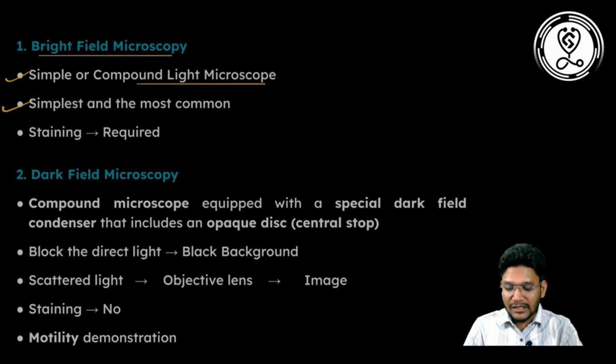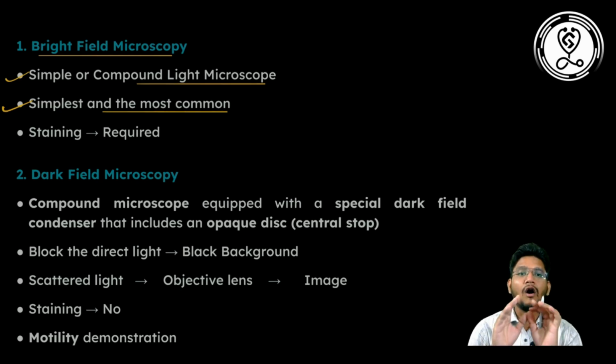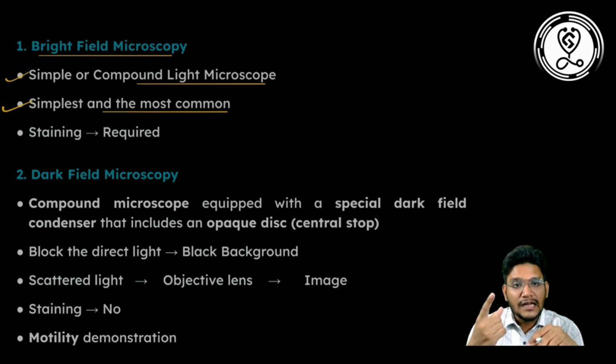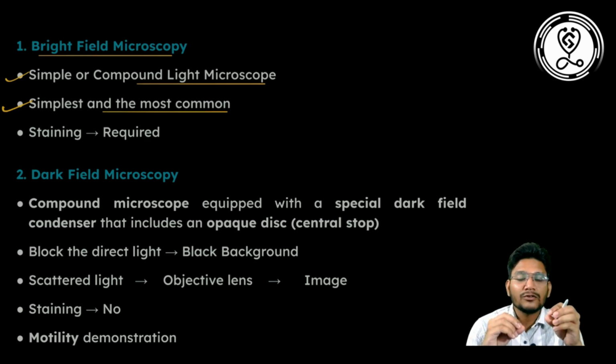This is the simplest and most common type of microscopy among all optical microscopy. Okay, so don't get confused. Optical microscopy is the most common type of microscopy among all microscopy, while bright field microscopy is the simplest and most common microscopic technique among all optical microscopy techniques.